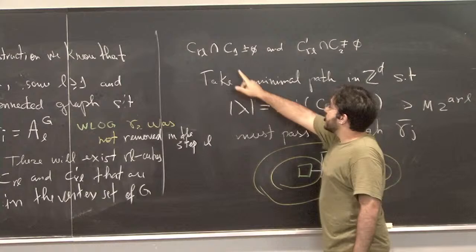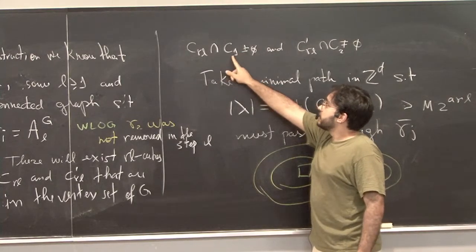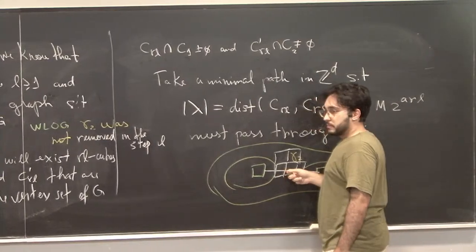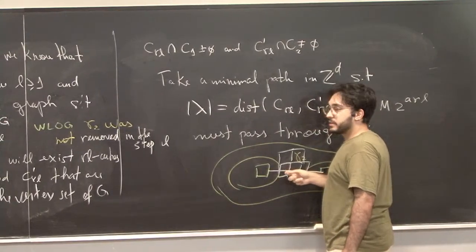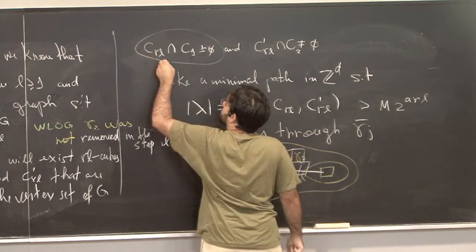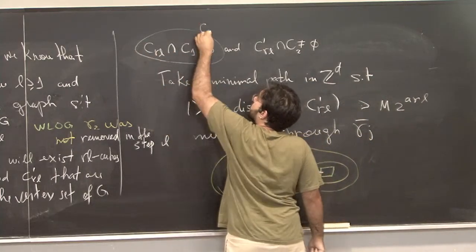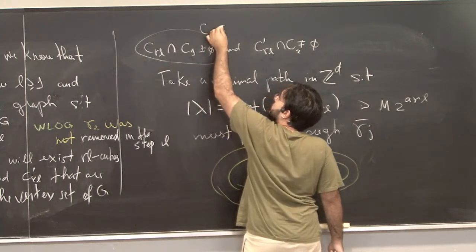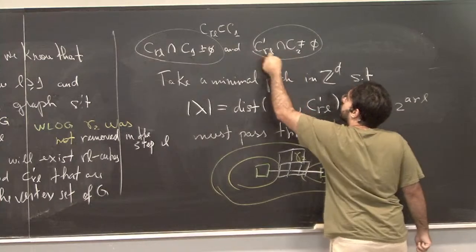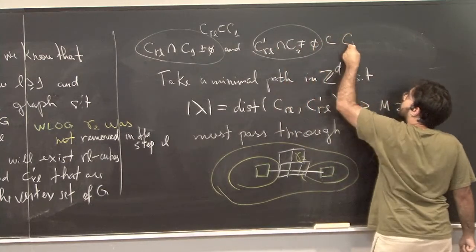This means that, since they intersect this set over here, they cannot intersect gamma 2, because otherwise it would be connected to gamma 2. So actually, what these conditions give us is that CRL is contained in C1, and this is contained in CRL.